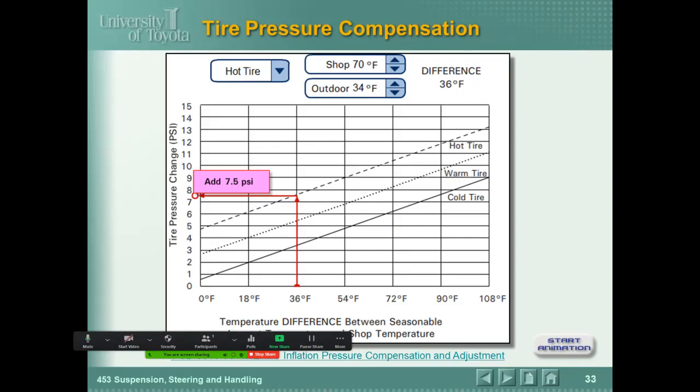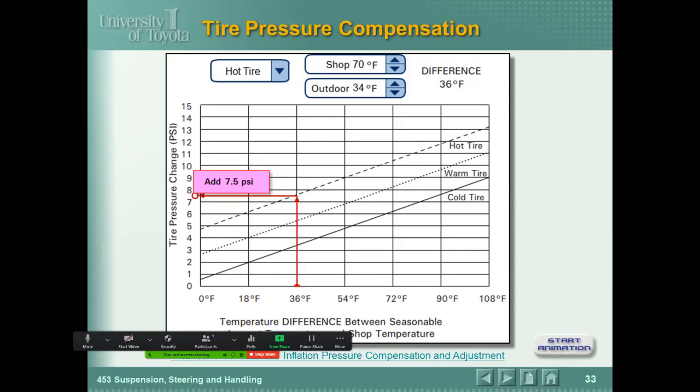As the temperature in the tire becomes colder, the pressure is going to decrease. So if the tire pressure is set when the tire is warm, then when the tire cools off, the pressure will drop. And so if the tire pressure is set when the tire is hot or the outdoor temperature becomes very cold, the pressure drop due to tire cooling can cause the TPMS light to come on.